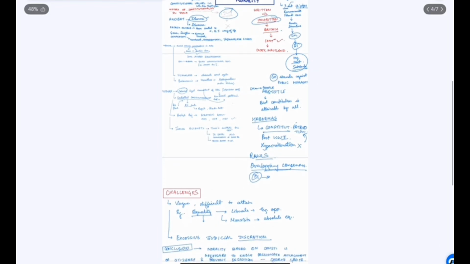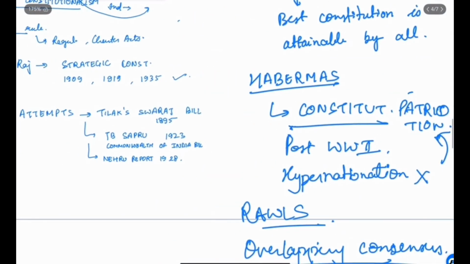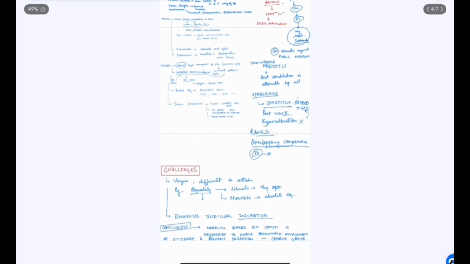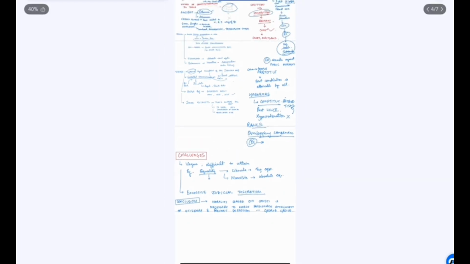Apart from that, we saw the link between constitutional morality and people, how Aristotle's idea relates with that, and constitutional patriotism of Habermas, then Rawls' overlapping consensus. Then we saw some challenges with constitutional morality, but overall it is very necessary to kindle the passionate attachment of citizenry and prevent despotism, as George Grote has said.